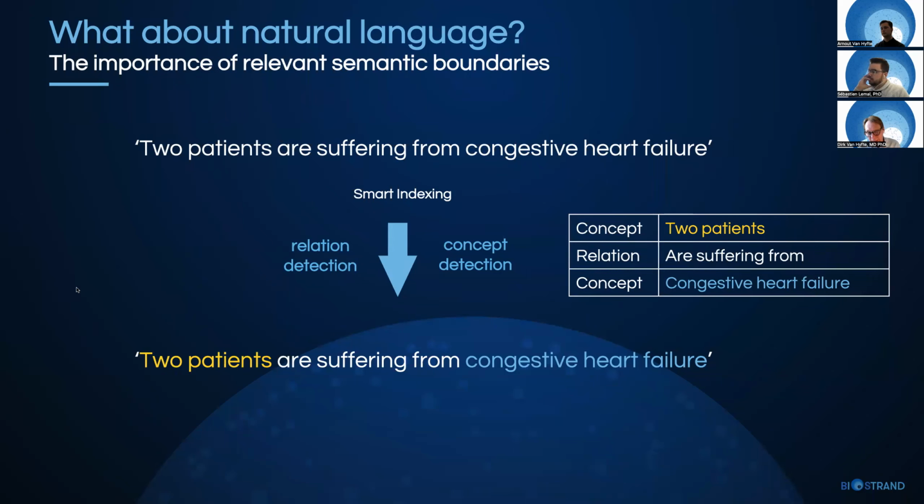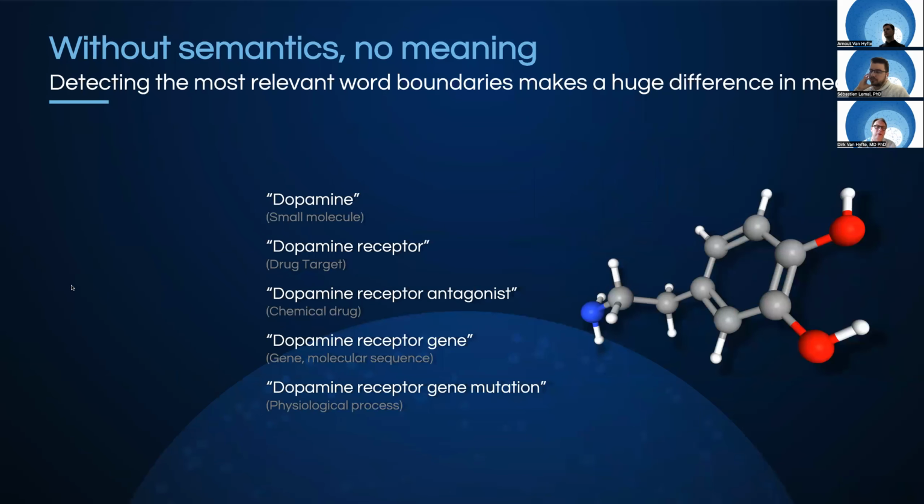So we are able to detect these multi-word groups and also define the semantic word boundaries without predefined knowledge. It's really important to stress this: without knowing anything about a certain domain, we are able to extract that information. It's not tuned to a specific area in life science or healthcare. No, it's a very generic way to do that.